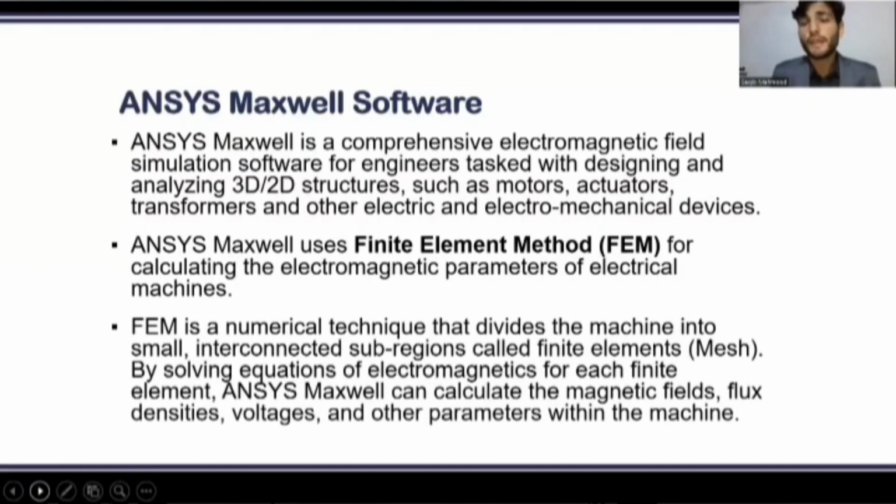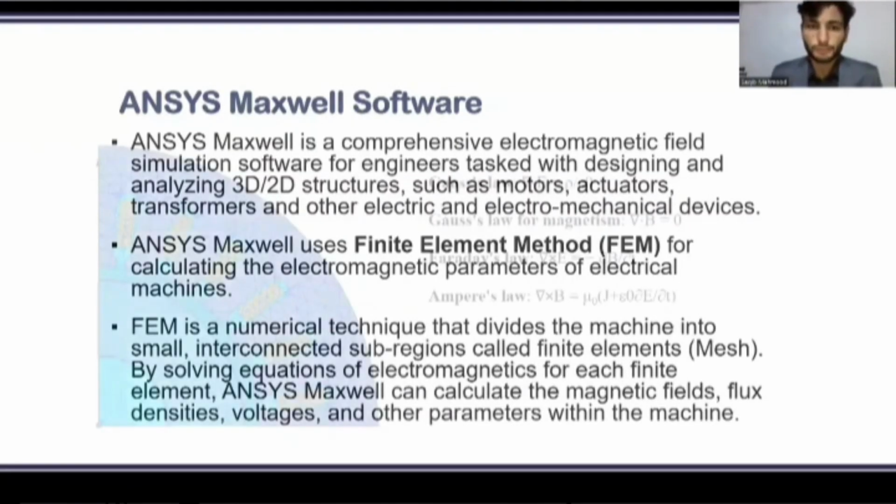For each finite sub-region, it solves different equations, which include Gauss's law, Ampere's law, and other electromagnetism laws, and then it calculates and makes approximations about the magnetic field, flux values, voltages, currents, and other parameters within the machine.